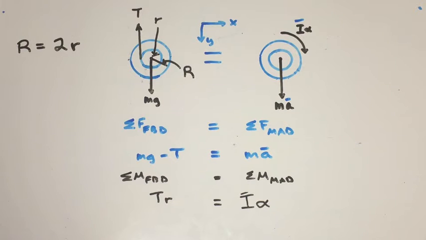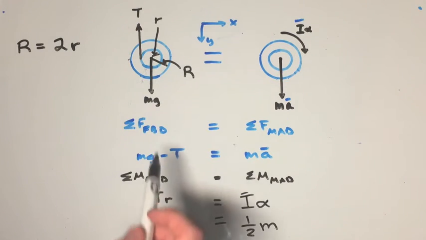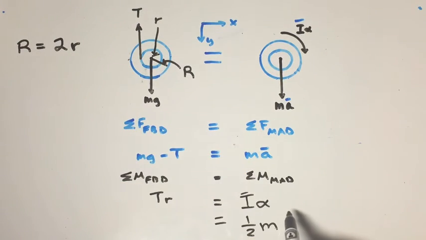Okay, now I bar, in this case, in a perfect world, with the perfect yo-yo, would be equal to 1/2 of the mass times big R, the entire radius, squared.